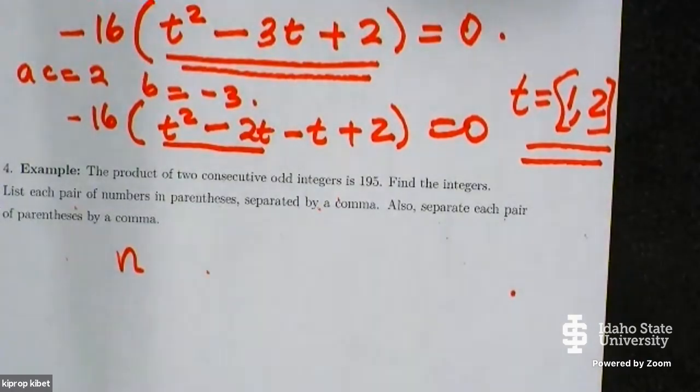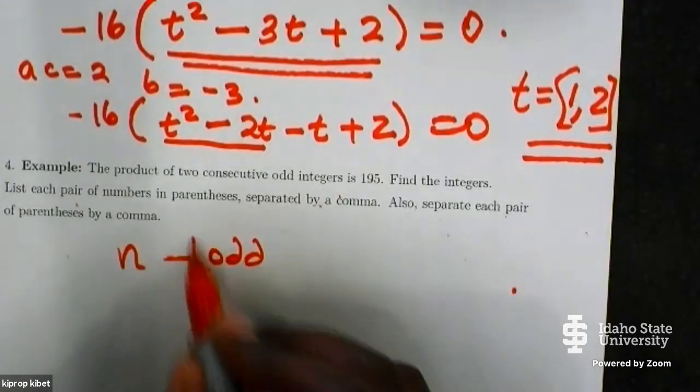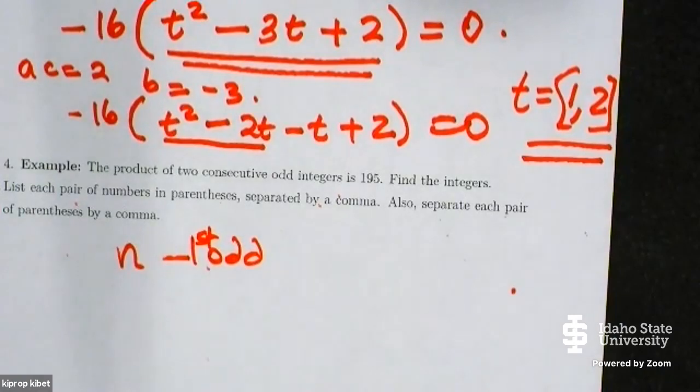That's the first one. So what will be the second one? We always know that if you start from the lowest odd number, the lowest odd number is 1, right? So what do you do to get the next odd number?